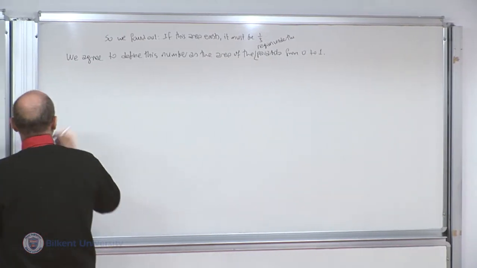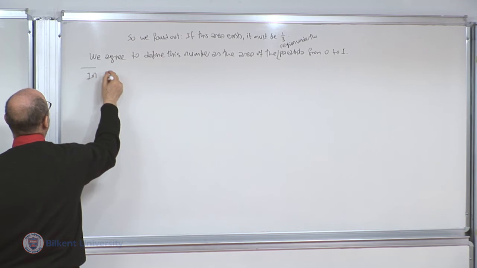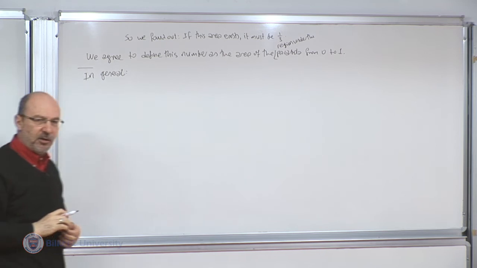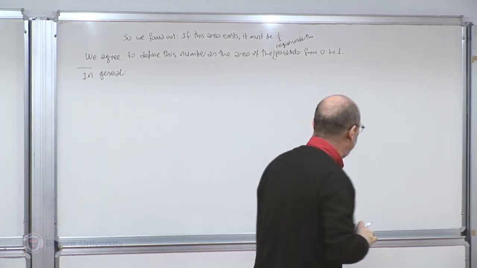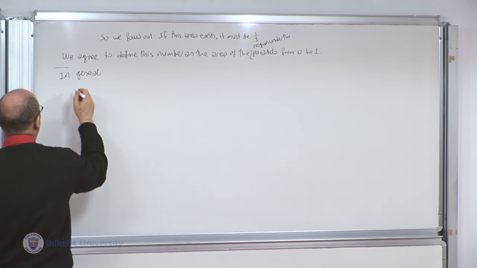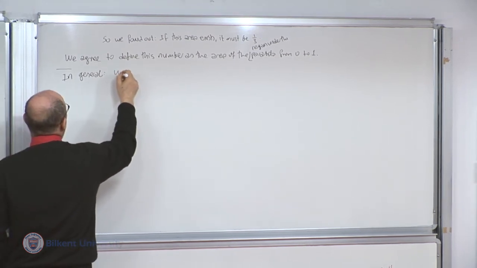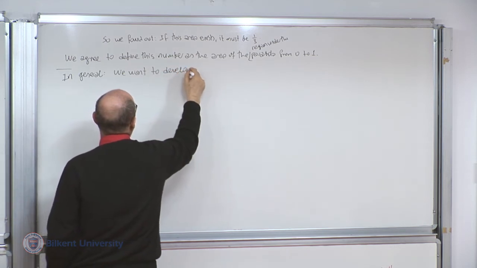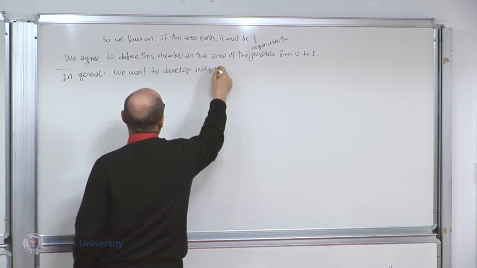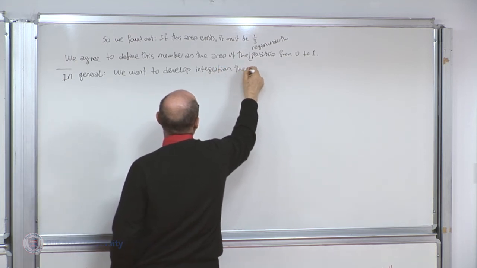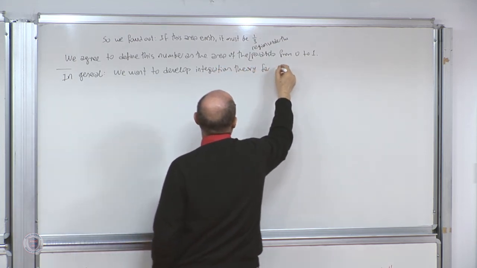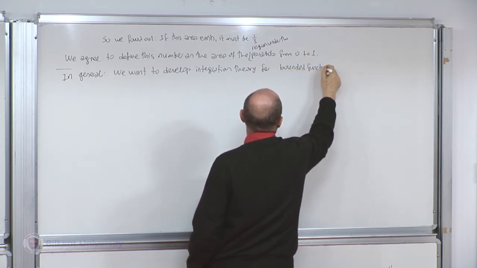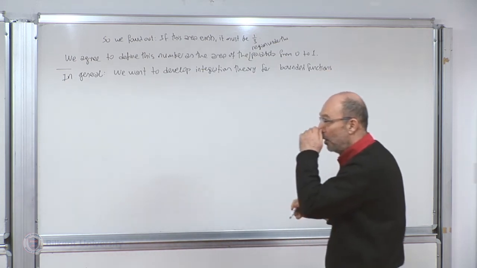Okay, so in general, we need a few words: partition, sampling, norm of the partition, etc. So we want to develop integration theory for bounded functions, because that's what y equals x squared is.